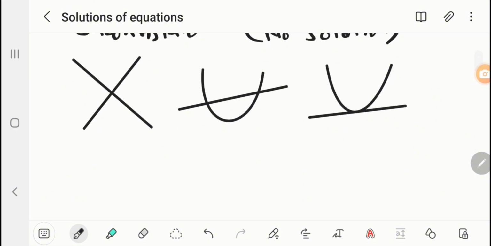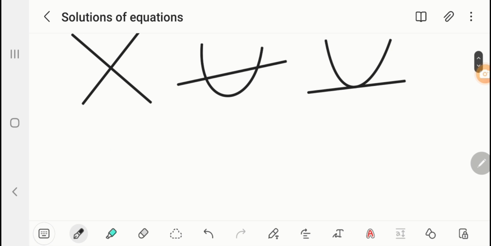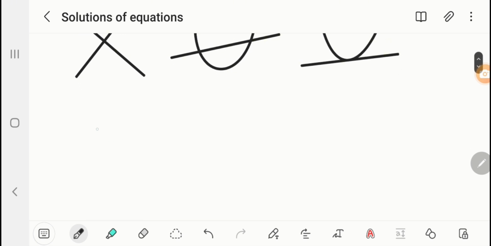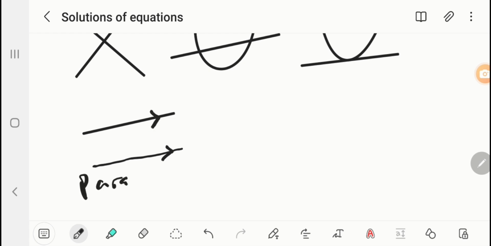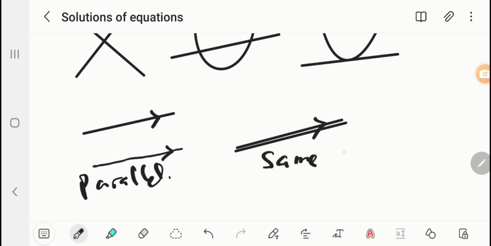But if there is no solution, it may be like this. Either the two lines will be parallel, or there will be the same line, they overlap.